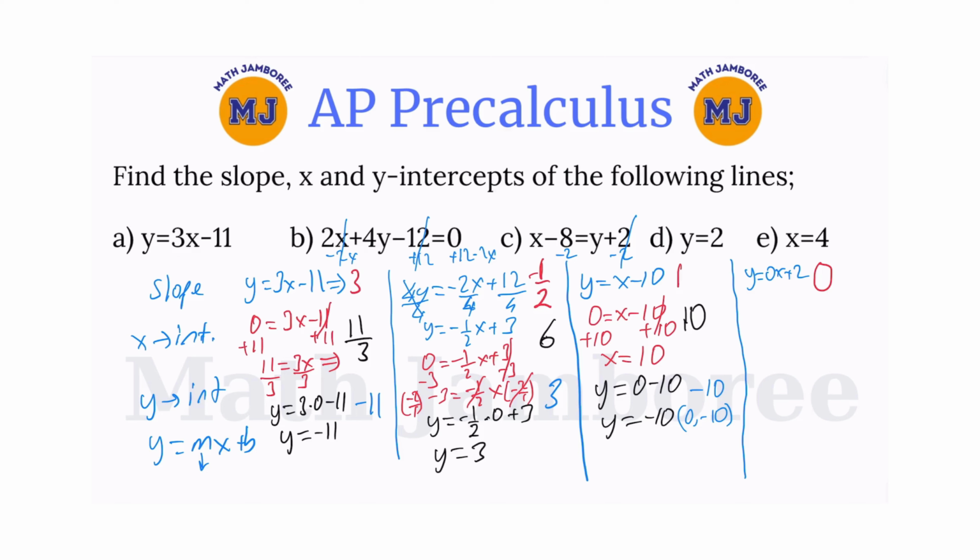And to find the x-intercept, we could give 0 to y, but I want you to imagine the graph of y equals 2. Let me show you that over here. Let's say this is y, this is x.